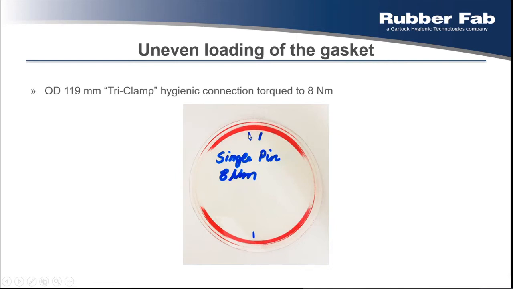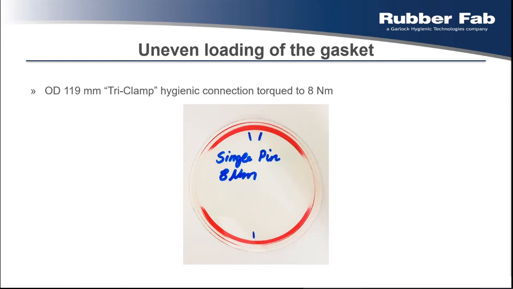In the area of the screw of the clamp, indicated by the two blue lines, you have a relatively high compression of the gasket, indicated by the red color. On the other side, where the coupling part of the clamp is, you also have a relatively high compression of the gasket. But in the areas on the side, we're seeing a lack of gasket compression.